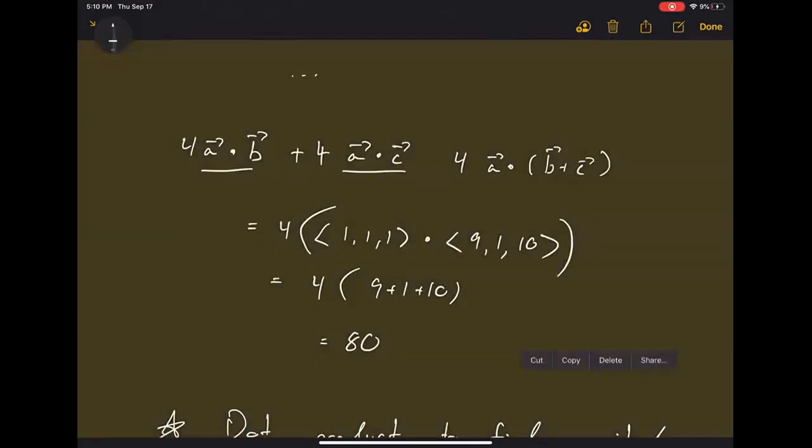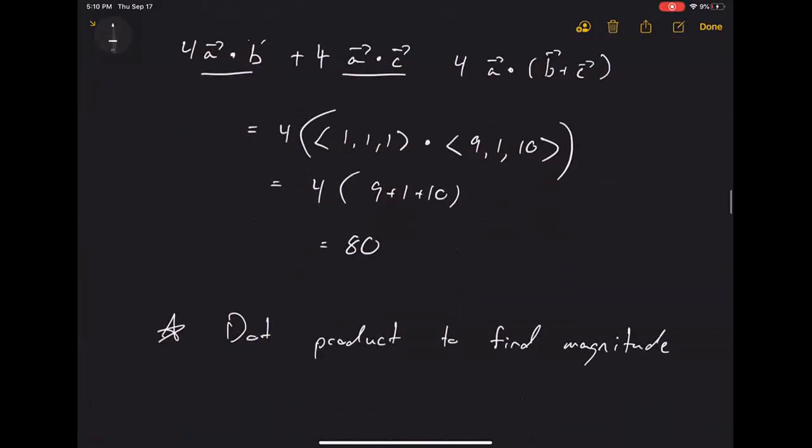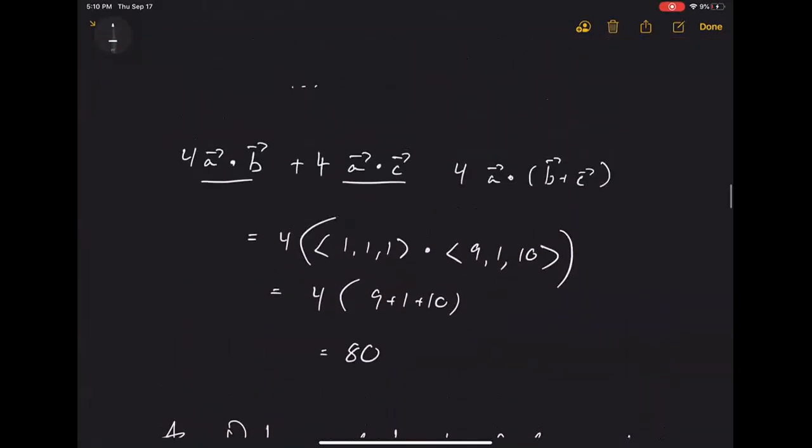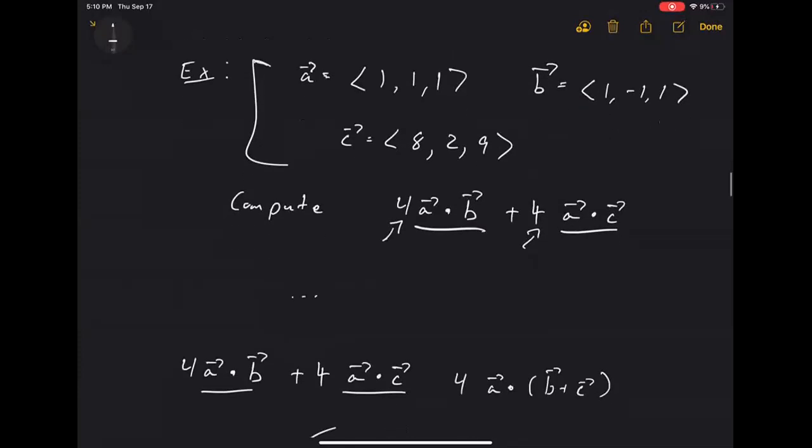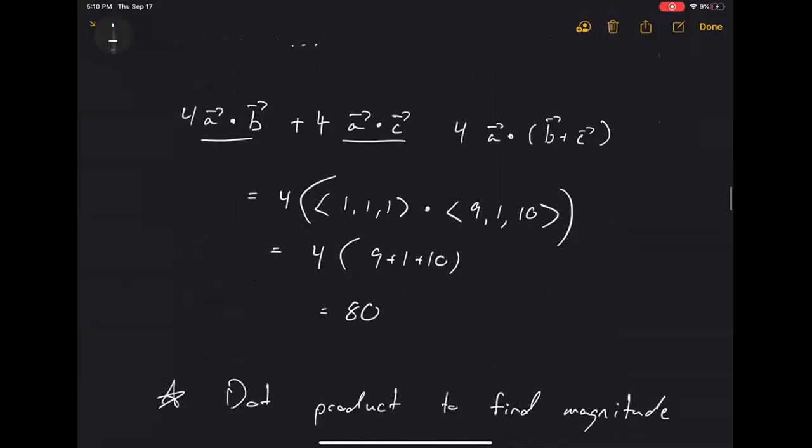And that simplifies my work a little bit. You could also solve this by taking a bit longer route, calculating A dot B, multiplying by 4, calculating A dot C, multiplying by 4, and then adding those two together, okay? But knowing these properties can save you a little bit of work. When you come back to this video later, you can pause here and see what I've done.